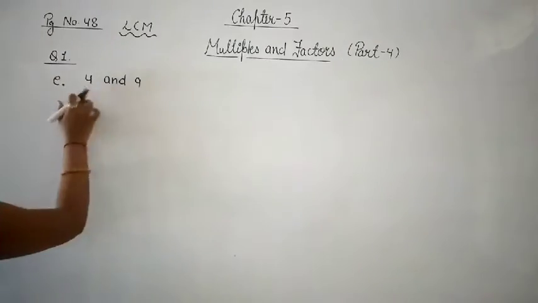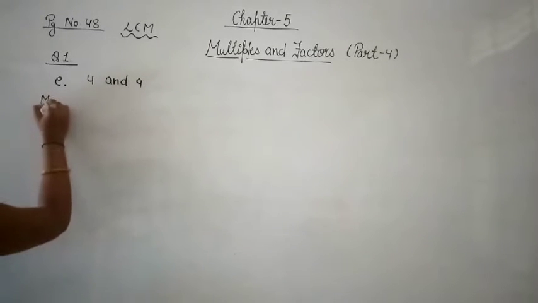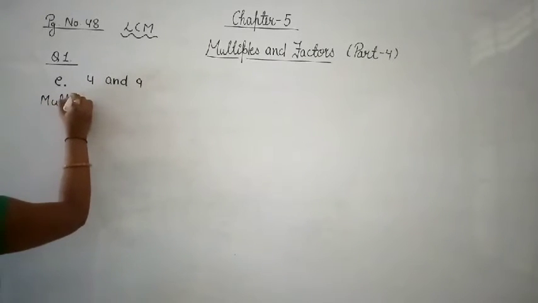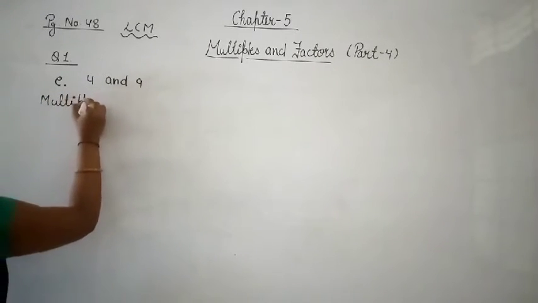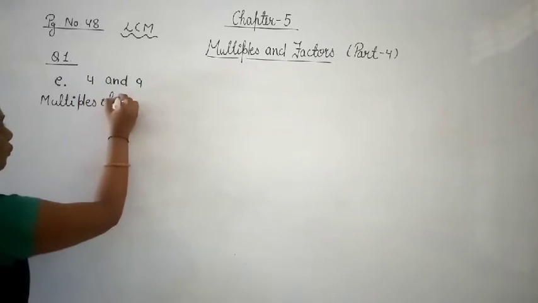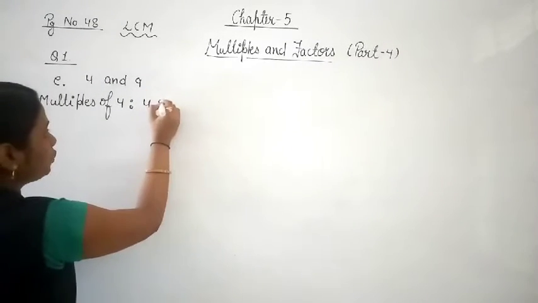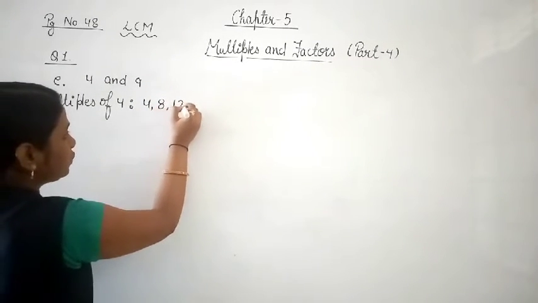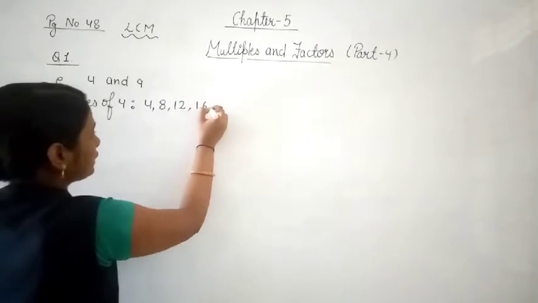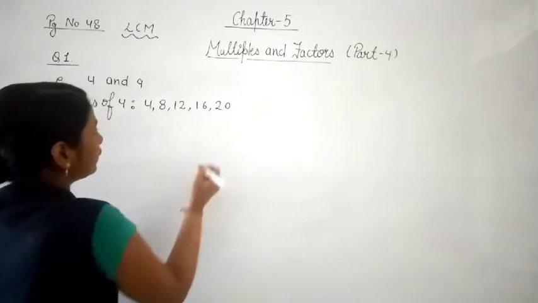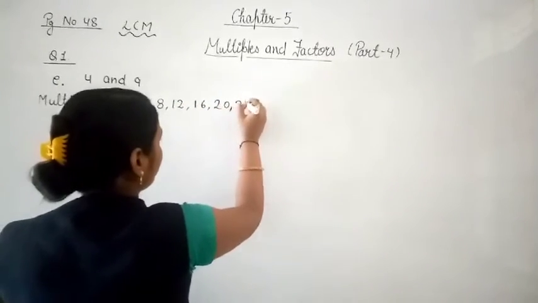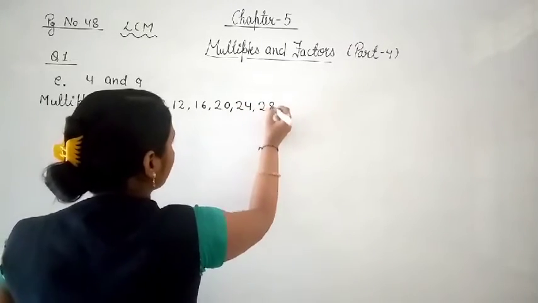Firstly I will write multiples of 4. 4 ones are 4, 4 twos are 8, 4 threes are 12, 4 fours are 16, 4 fives are 20, 4 sixes are 24, 4 sevens are 28.